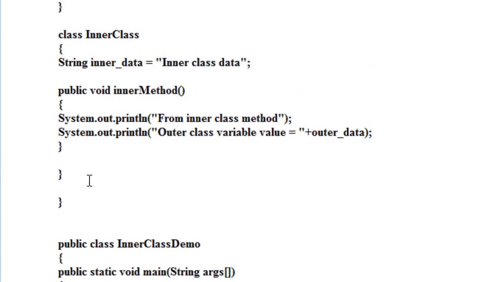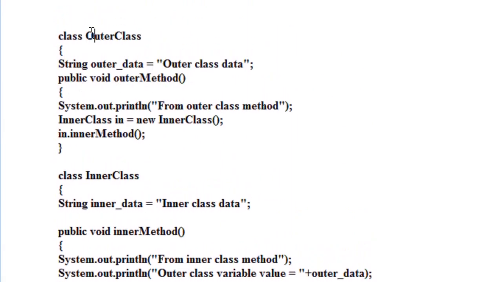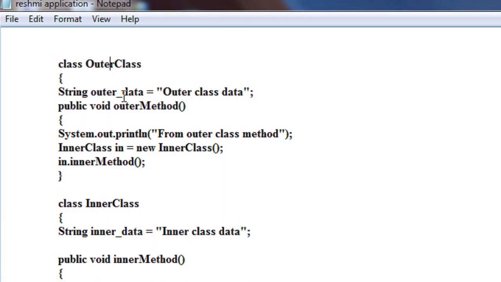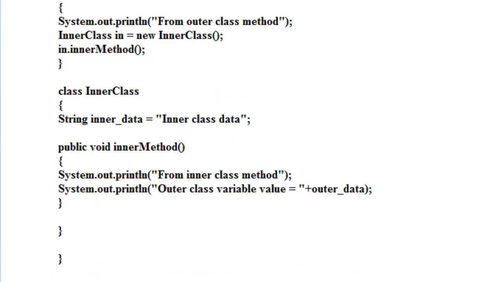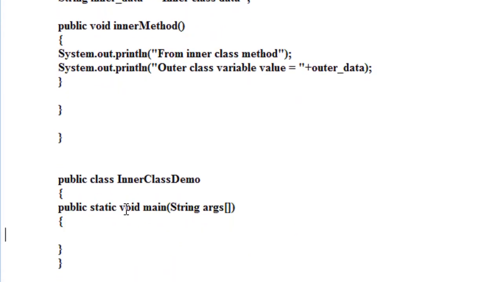Okay, now I'm going to create an object of the outer class, and by using that object I'm going to call this method called outer method, which is a method of the outer class.